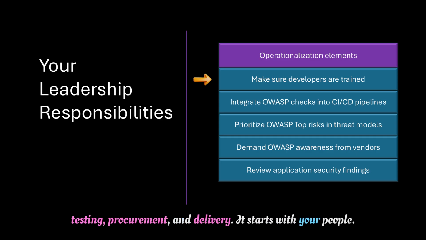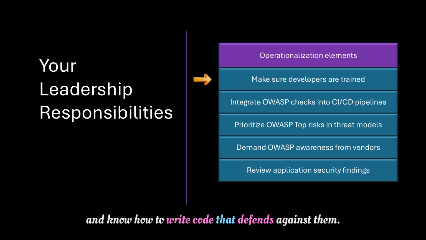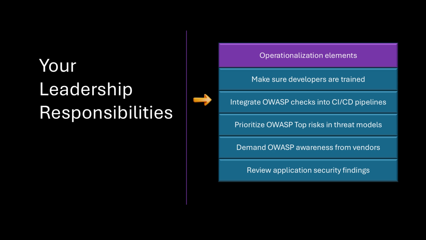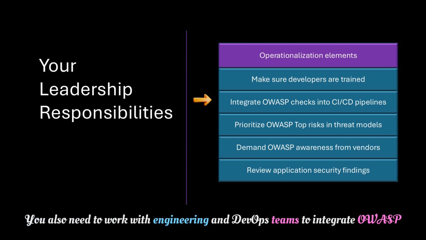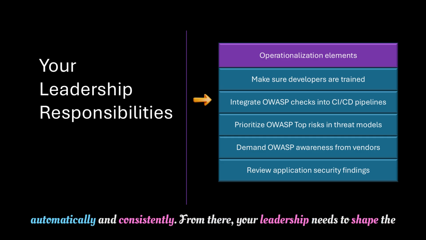It starts with your people. You need to make sure your developers are trained to recognize these threats and know how to write code that defends against them. You also need to work with engineering and DevOps teams to integrate OWASP checks into your CI/CD pipelines so issues are caught and fixed early, automatically, and consistently.